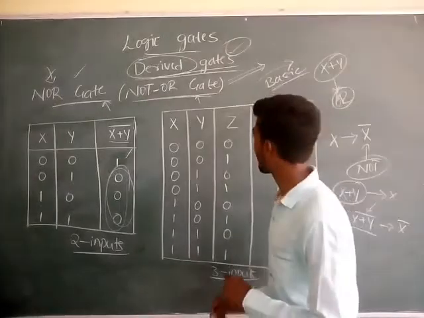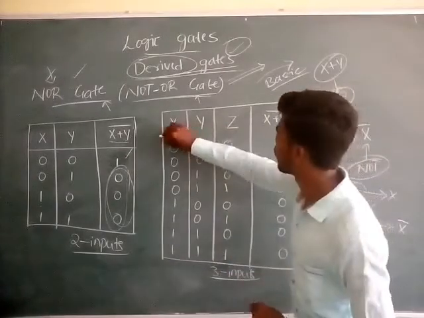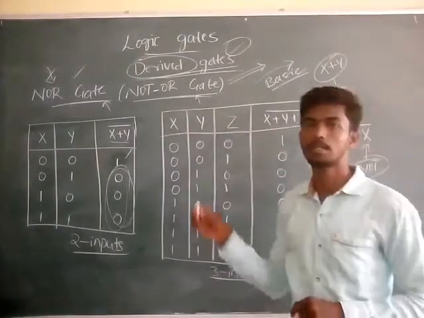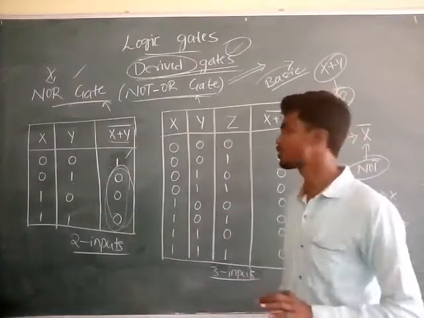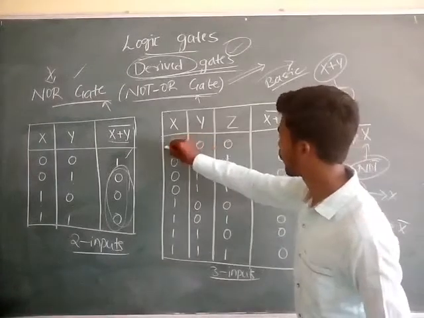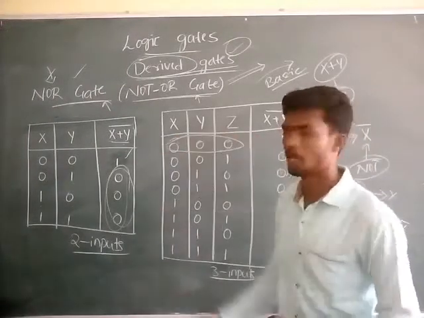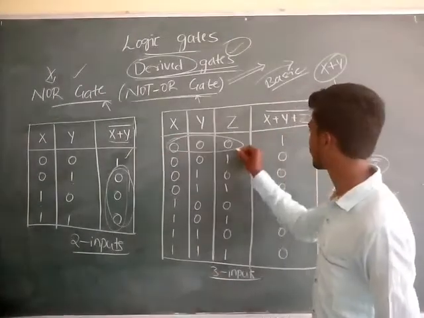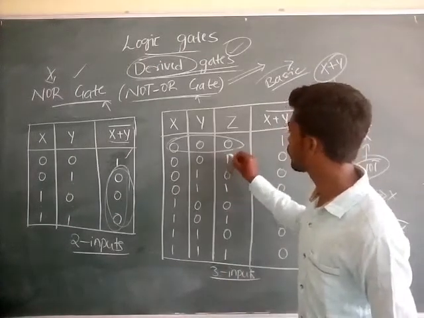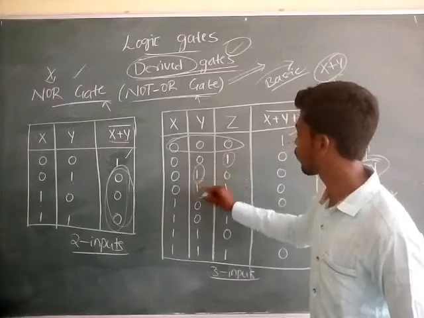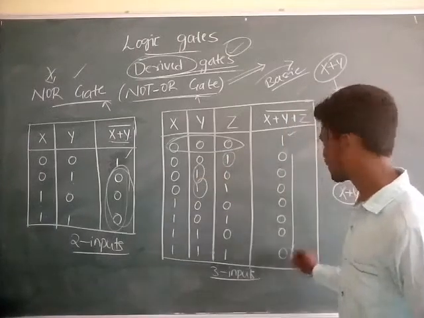The same case happens in a 3-input NOR gate. When all the input values are 0, the output will be 1. If any one of the inputs is 1, the output will be 0.